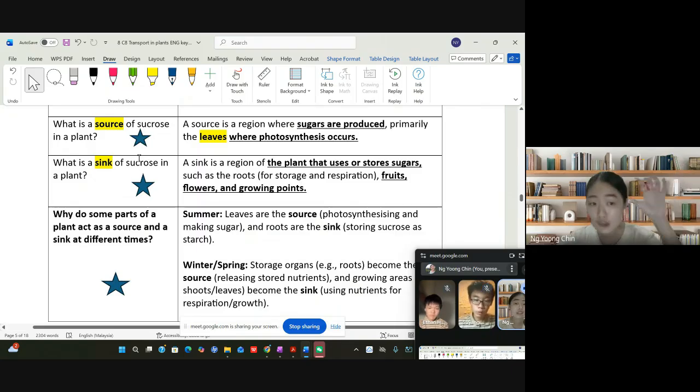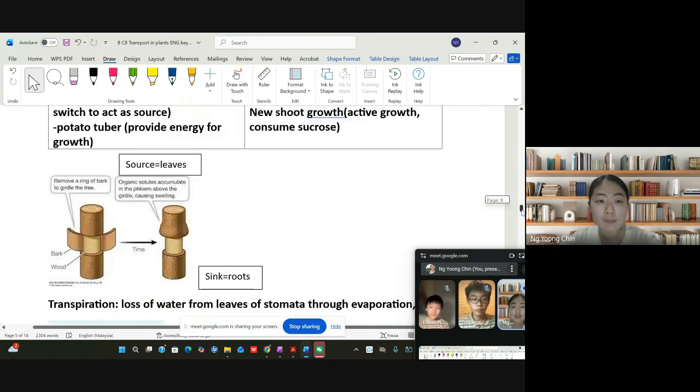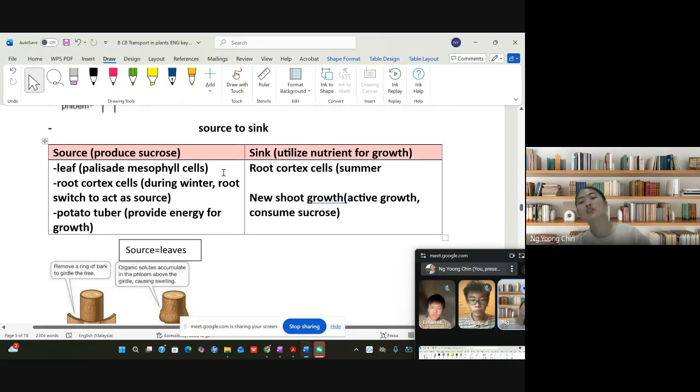So just remember: source produces, sink uses up. The important thing is you should know the example for the source and the sink.